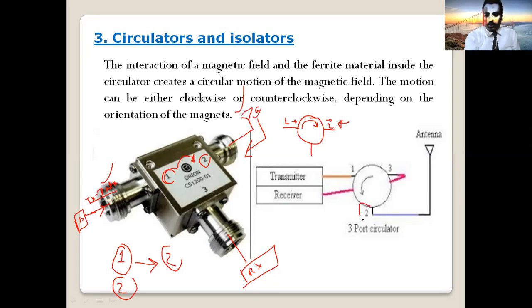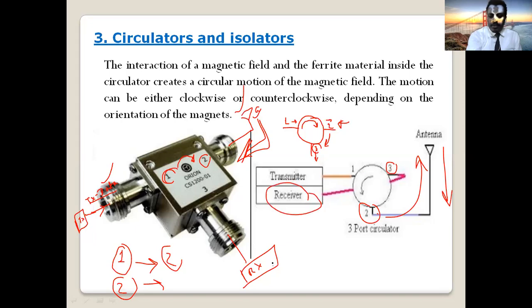Port 2 is connected to the antenna. So if the antenna receives a signal, where does it go? If a signal comes from the antenna side, port 2, where will the output be? It will be port 3, because the signal is guided in clockwise direction and the output will be here. What is port 3? Our port 3 is our receiver here.